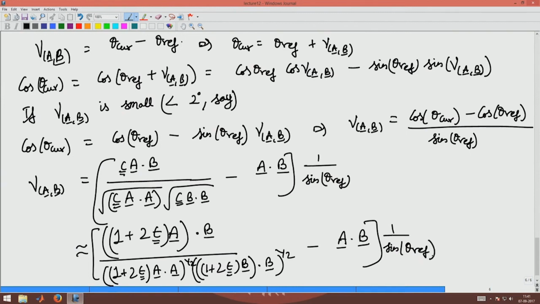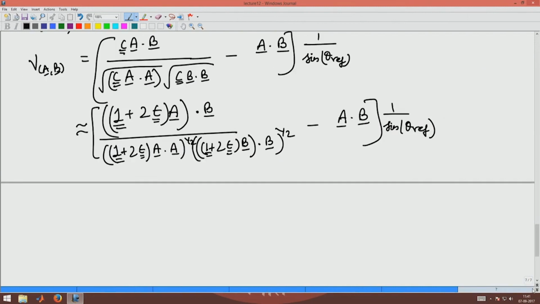Okay. I do the same trick that I did for the change in the length. So, let us continue.